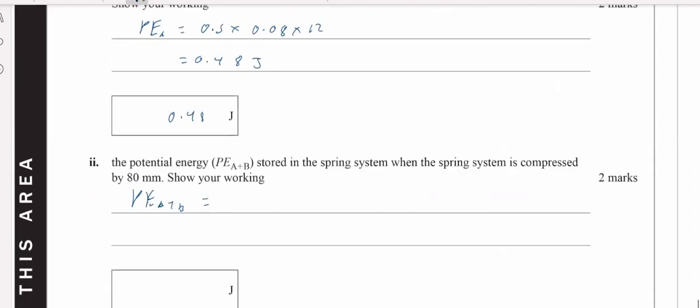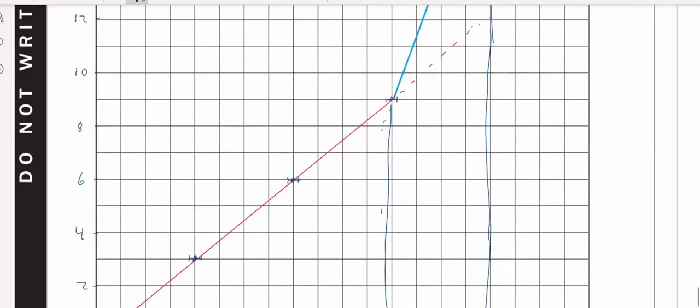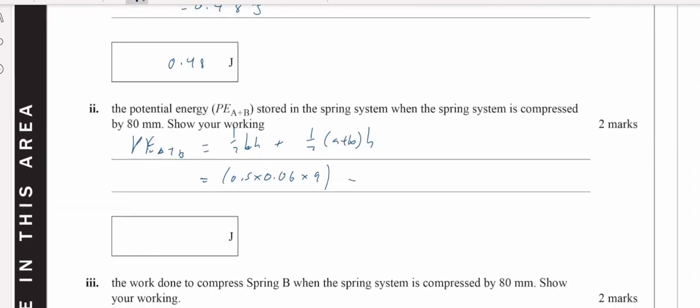Okay. So half A h plus half A plus B h. 0.5 times 0.06 times height was 9, plus 0.5 times 9 plus 19 times 0.02, which gives 0.55.